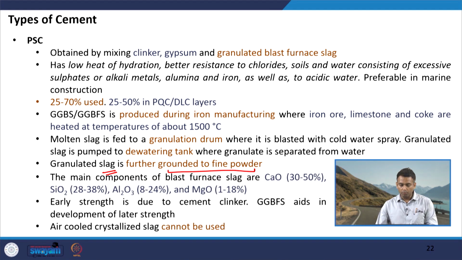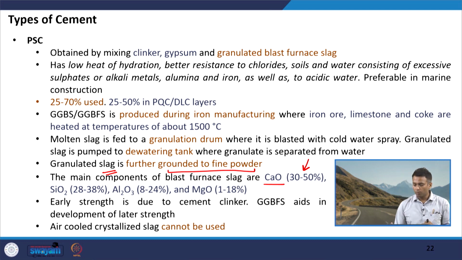If we look at the components now, before even looking at the components, we should understand that this raw material should essentially consist of alumina and silica, because only these materials will react with calcium hydroxide to form the CSH gel. So, you can see that the main components of the blast furnace slags are calcium oxide, which typically ranges from 30 to 50%. Now, this also means that blast furnace slag in itself can produce cementing products if it comes in contact with water.